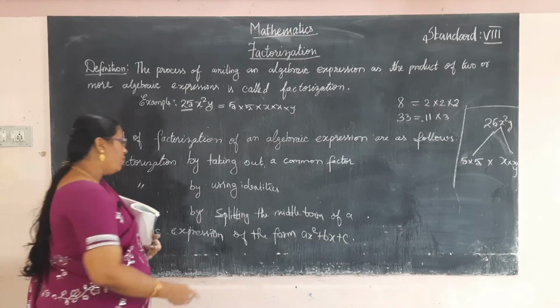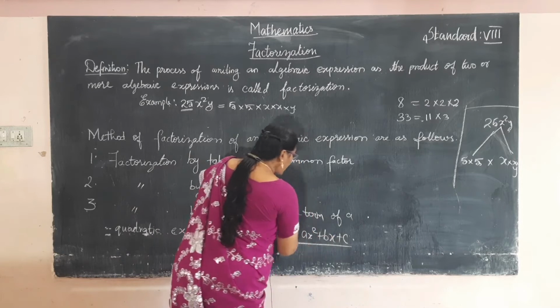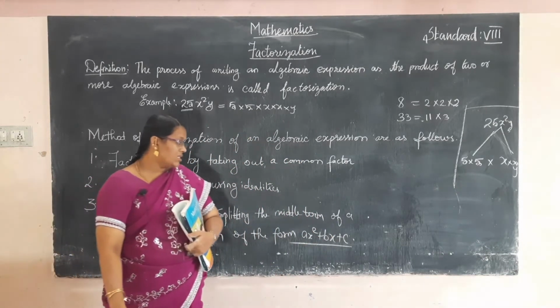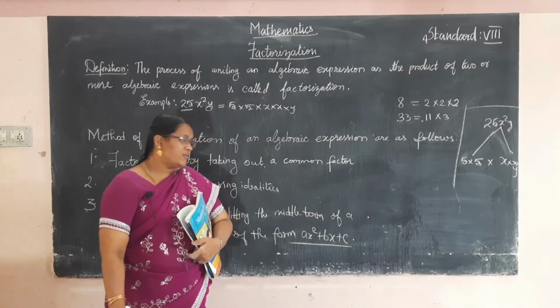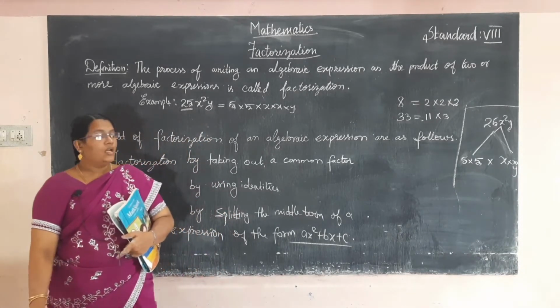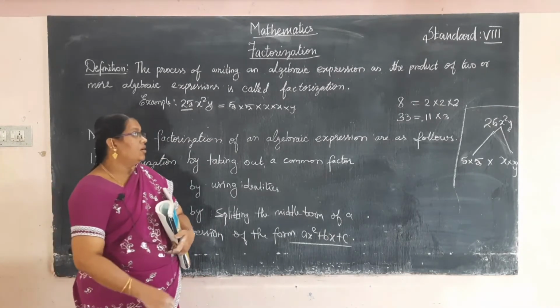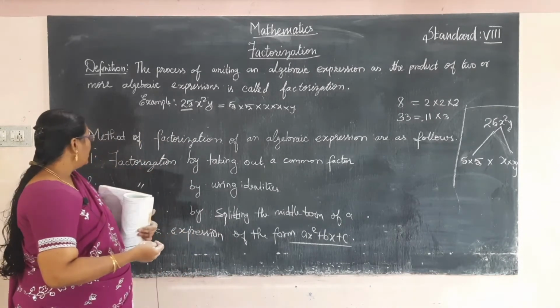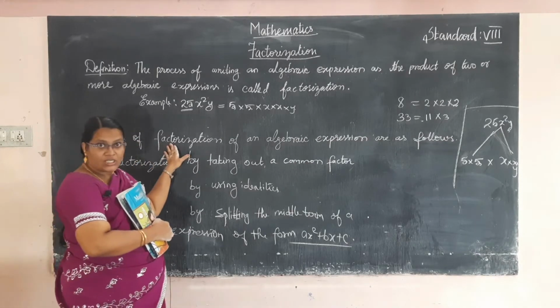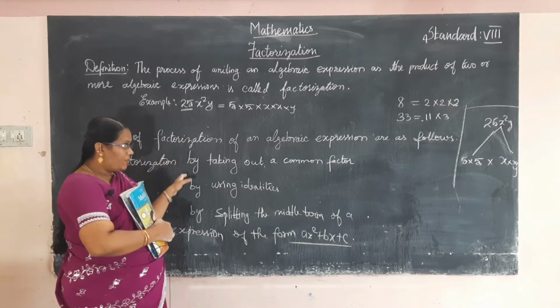The form of a quadratic expression is ax squared plus bx plus c. This is the form of a quadratic expression. So we use 3 methods of finding the factorization of an algebraic expression.